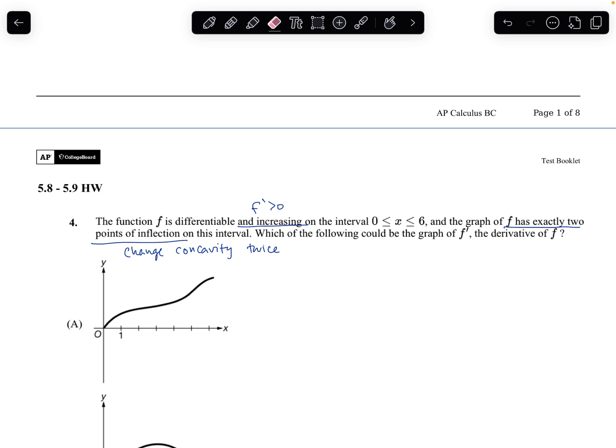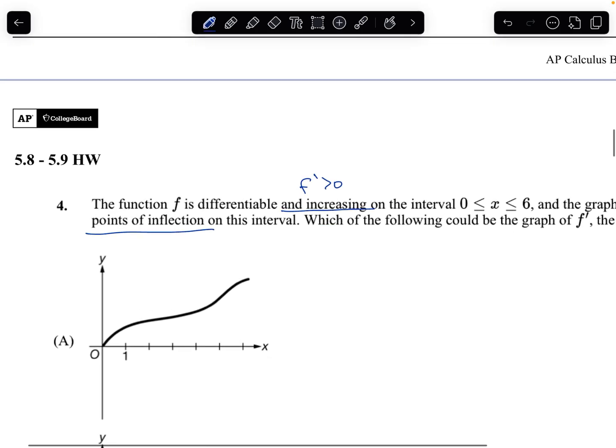So f has exactly 2 points of inflection. Yes, that does mean that it changes concavity, but what does that mean about f prime? If it has 2 points of inflection, this means that f prime changes directions twice. That's what I need to look for. I have graphs of f prime, not graphs of f, so I shouldn't be looking at these graphs as if they're f.